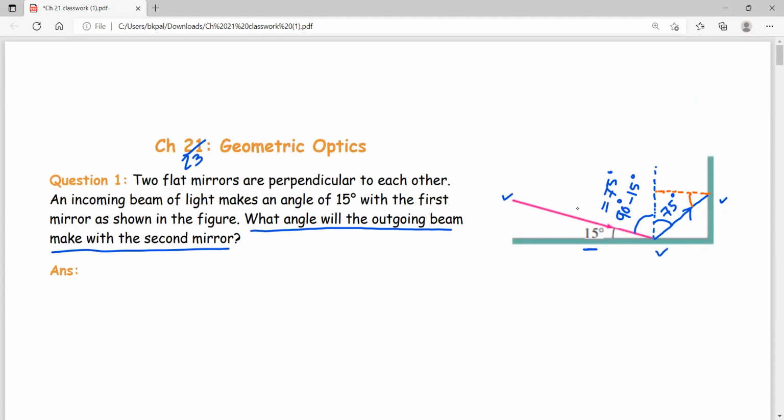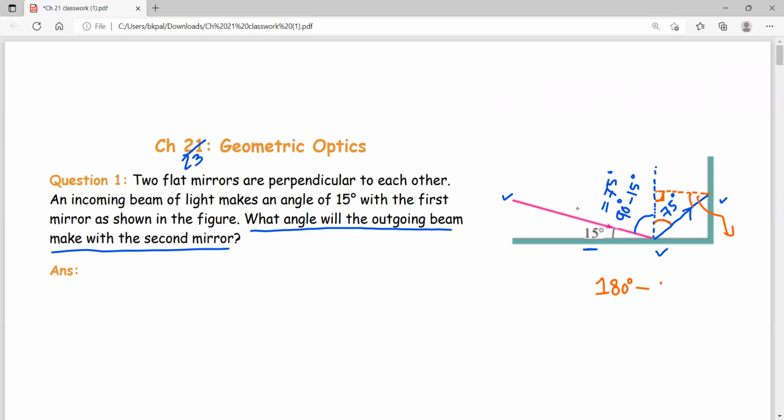You see that this is 75-degree and this is 90-degree, because two normals intersect here, which means this is 90-degree. Then this angle will be 180-degree minus the others, because the three angles of a triangle add up to 180-degree.